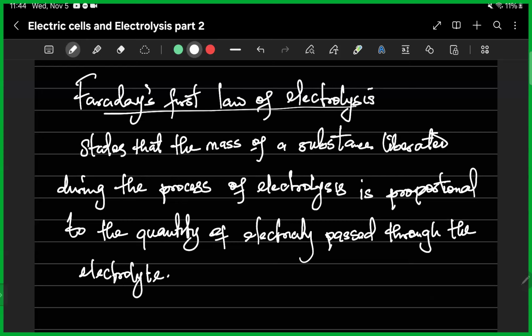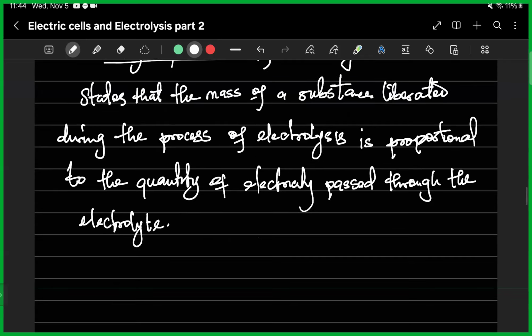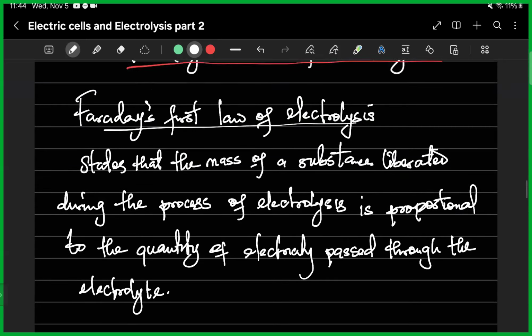So later on, after I state the second law, I'll write the formula that encompasses or tells the story of both the first law and the second law.